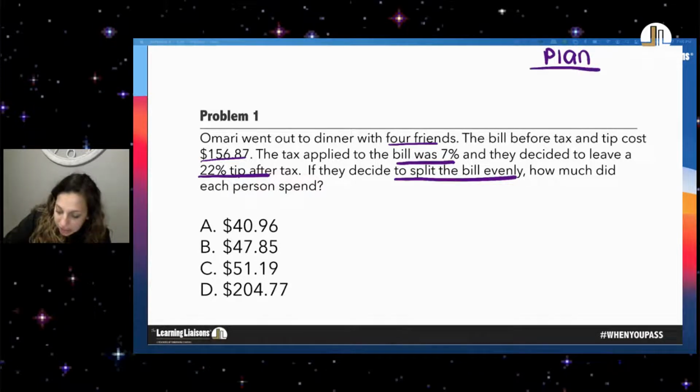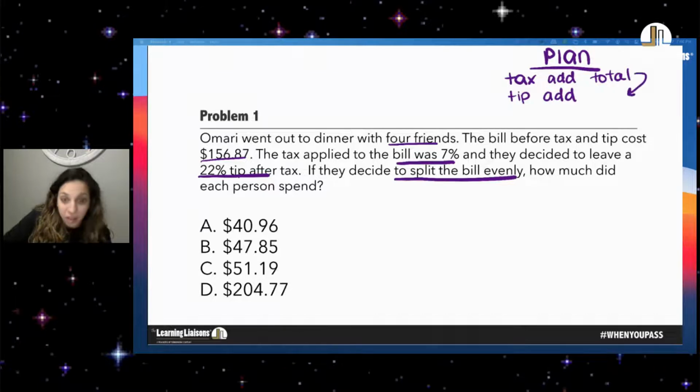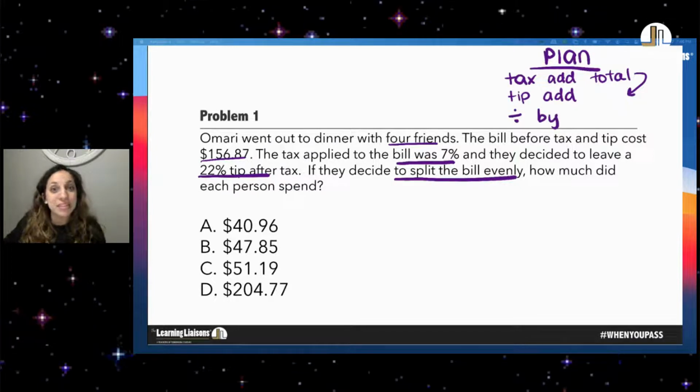I need to find my tax and add it to the total bill. Then I need to find my tip and add it to that bill. Then I need to divide the bill by how many people? How many people am I going to divide this bill by?